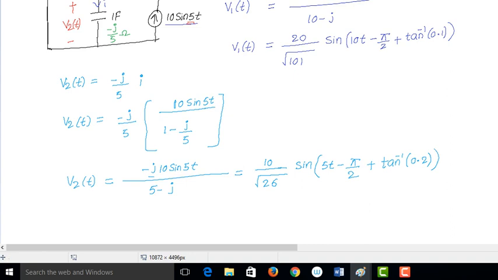Coming to this problem, what they are asking: V1 of t is the voltage across the capacitor when one source is acting. V2 of t is the voltage across the same capacitor when the second source is acting alone.